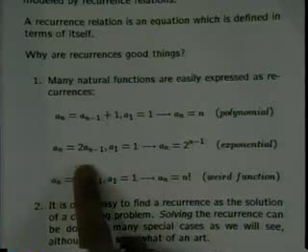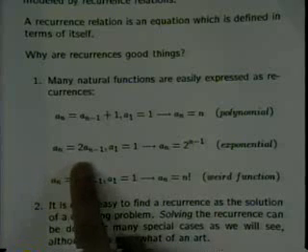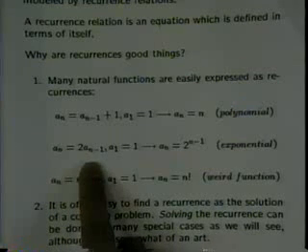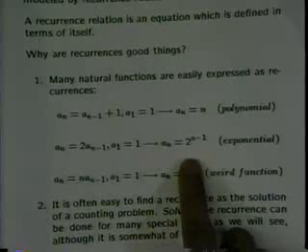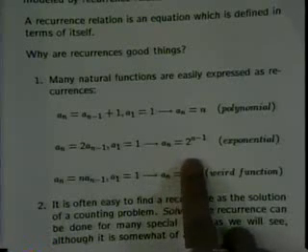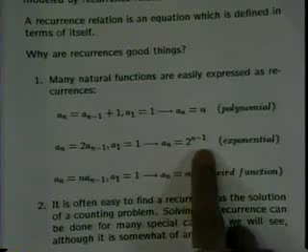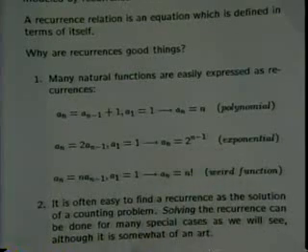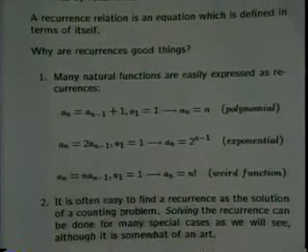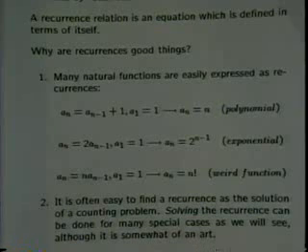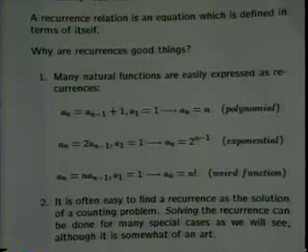A sub 2 is going to be 2 times 1, or 2. A sub 3 is going to be 2 times 2, or 4. A sub 4 is going to be 2 times 4, or 8. It should be clear that this is now going to generate the function a sub n equals 2 to the n minus 1. So by having a multiplicative term in front of the recursive term, we can generate any exponential function using nice simple recurrence relations.